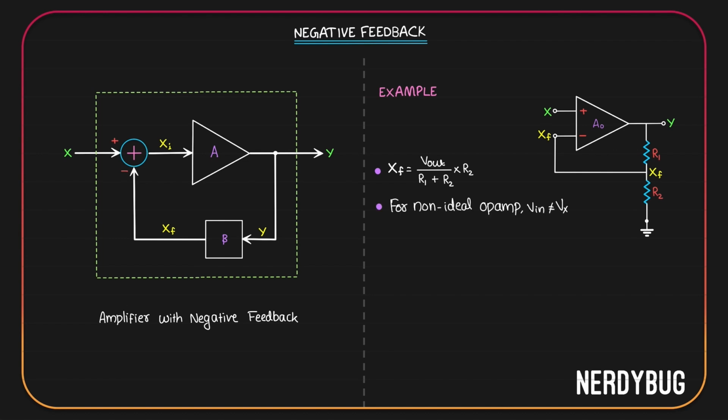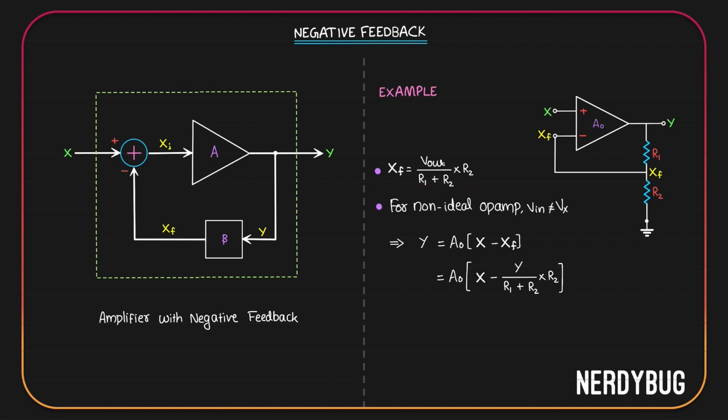That is, Vin does not have to be equal to the potential over here, Vx. In that case, output will be open loop gain of the op-amp multiplied by differential input. Here Vin is X, Vx is XF, Vout is Y.